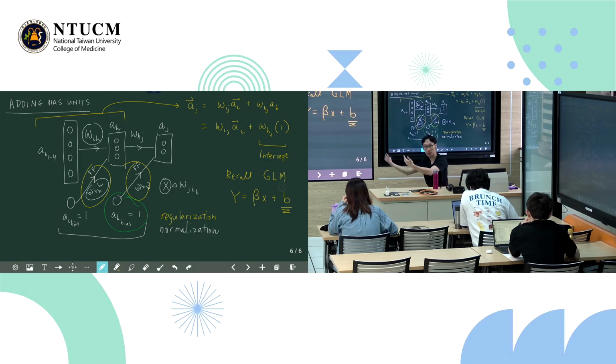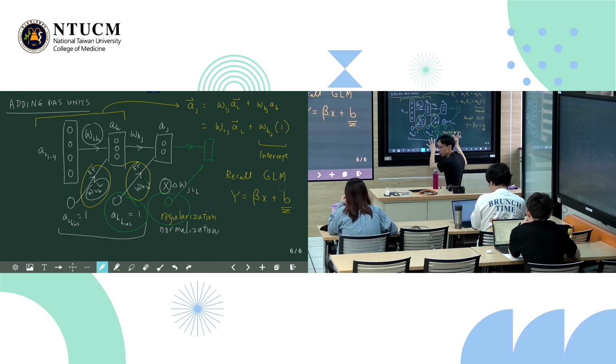The input layer is from the stimuli. So I only set these internal bias units originally, and if I have more layers, then I have more bias units. But actually, I also need to have the bias for the inputs.